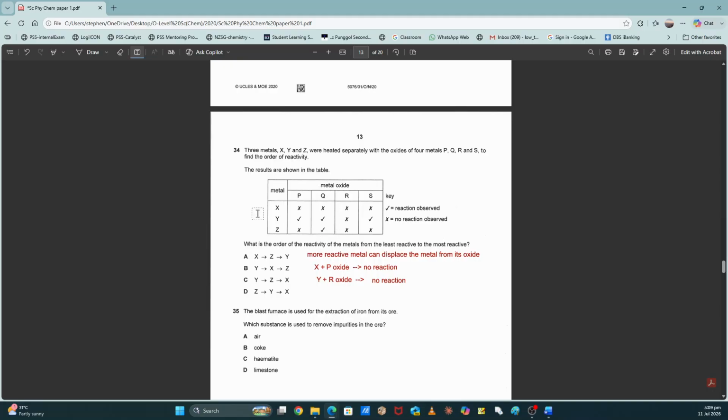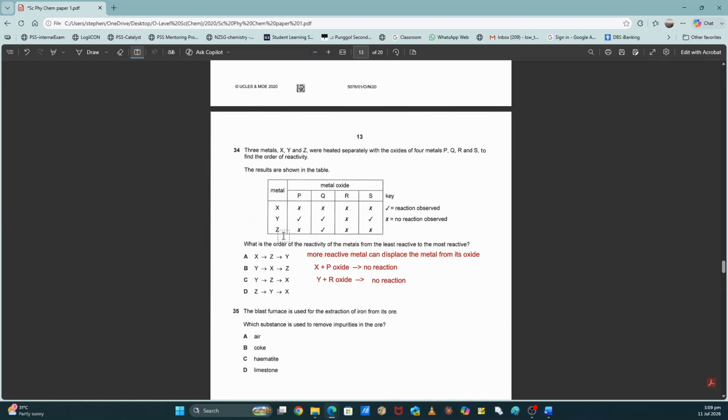So among all the clues here, if Z reacts with Q, that means Z can displace Q oxide, so Z is more powerful than Q. Z is definitely more powerful than X, because X cannot displace Q oxide.